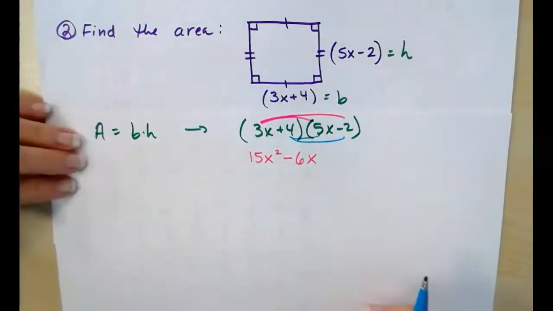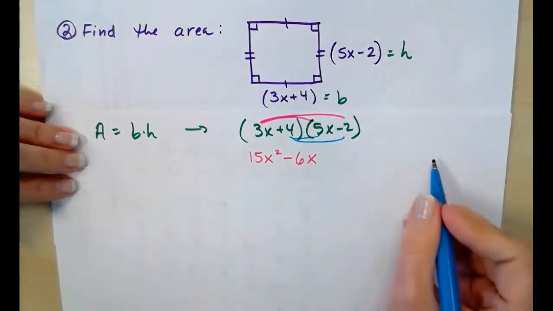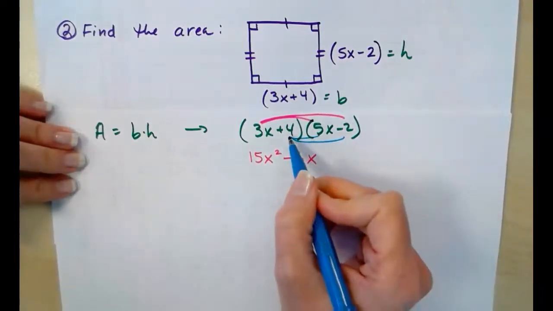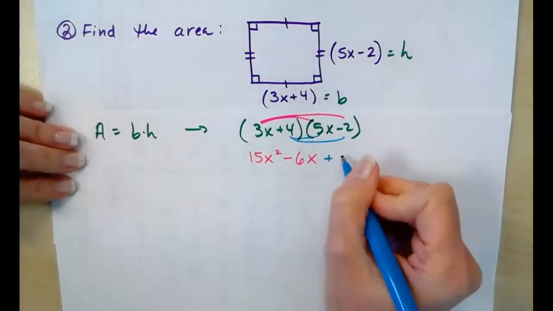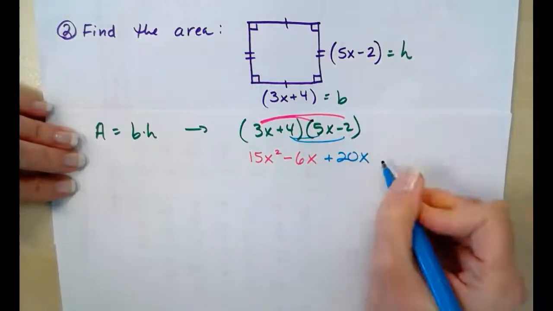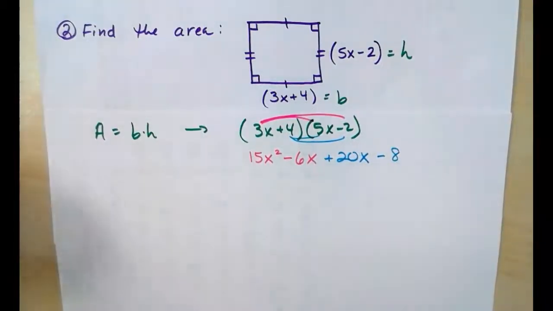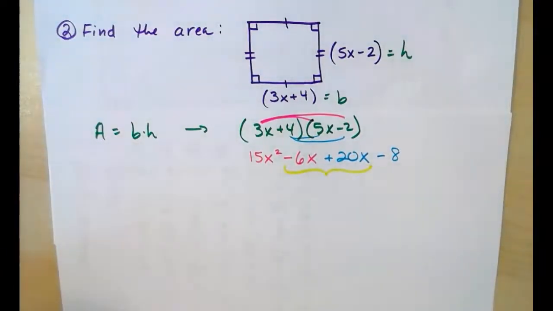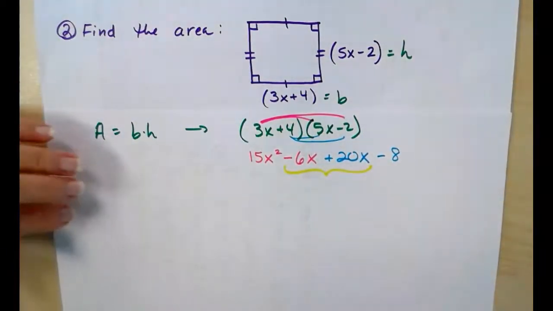And in the video, I showed you two different ways to do this double distribution. You can do it horizontally, which I'll show here, or you can do it vertically, which I'll show on the next problem. 4 times 5x is plus 20x. 4 times negative 2 is negative 8. Now what this does is it lines up the like terms in the middle of the expression.